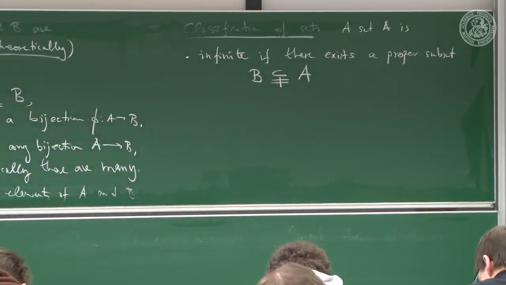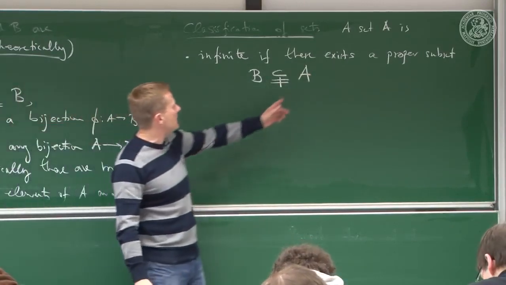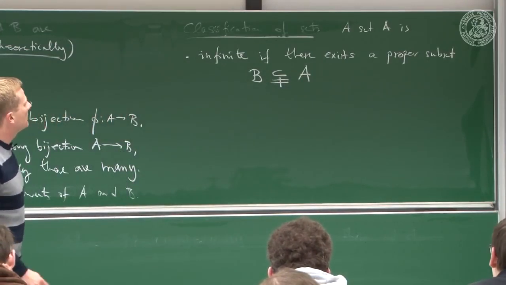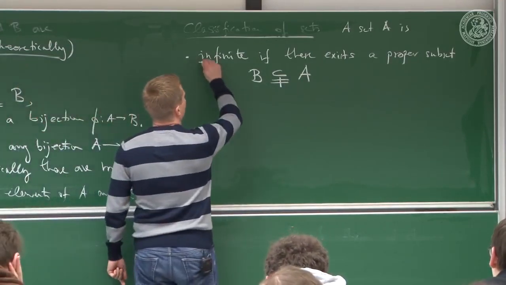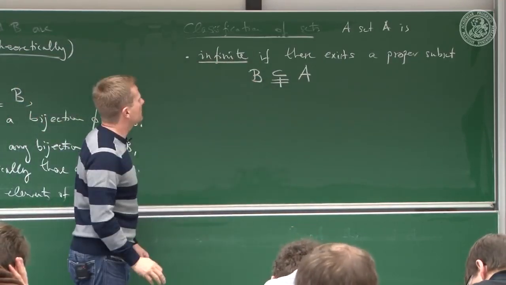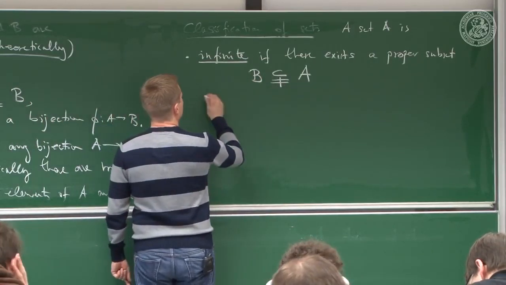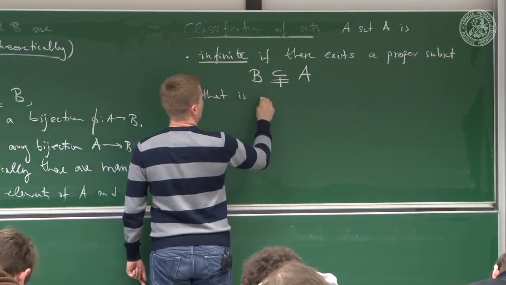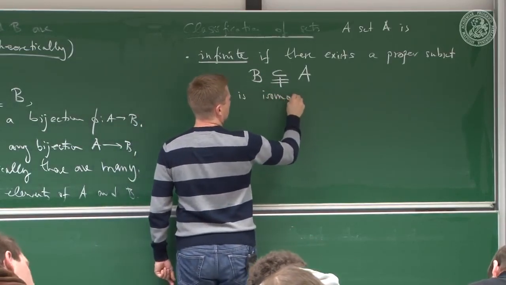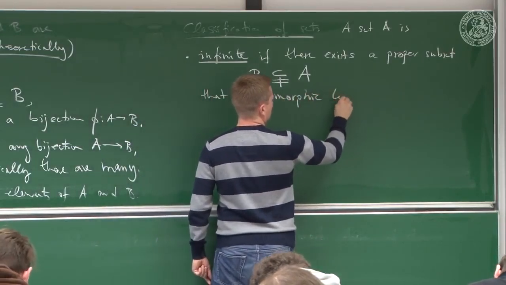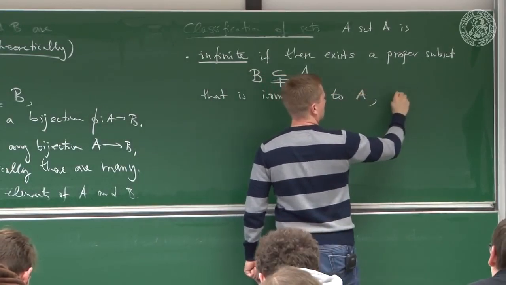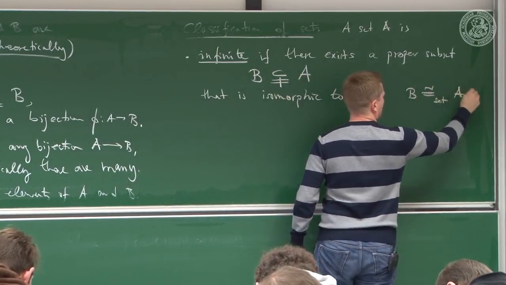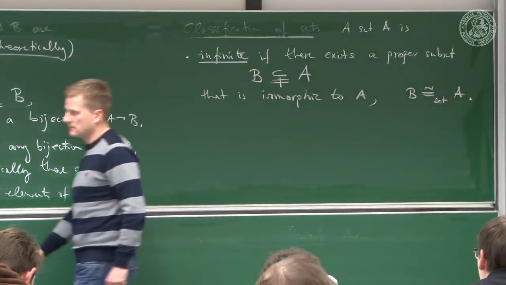So the set A contains an element that the subset B does not contain. Okay? It's infinite if there exists a proper subset. Well, that's not it yet. There exists a proper subset that is isomorphic to A. So B, in fact, set theoretically isomorphic to A.